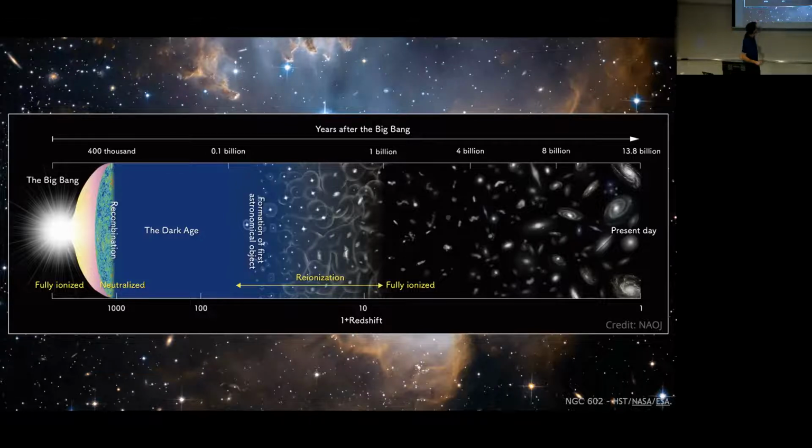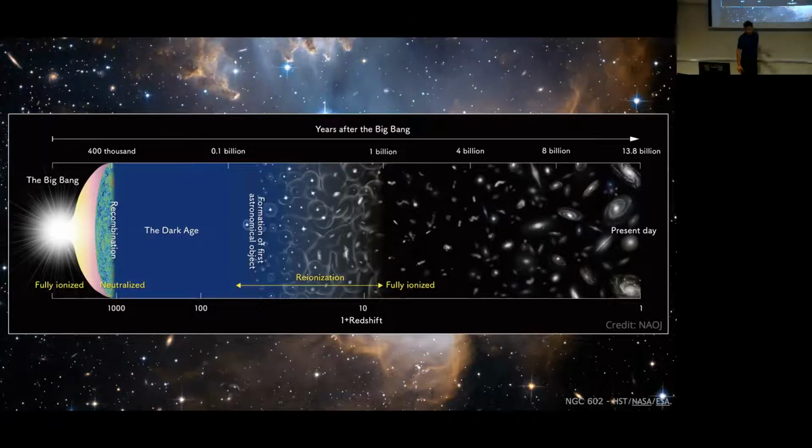So for example, here we see the famous cartoon of the evolution of the universe, starting from the Big Bang, where it was hot and ionized. Then we had recombination. From this point onwards, the universe was mainly neutral. This is called the Dark Ages, where you don't have stars yet because gravitational collapse was not effective yet. At some point, you have the formation of stars and the first galaxies.